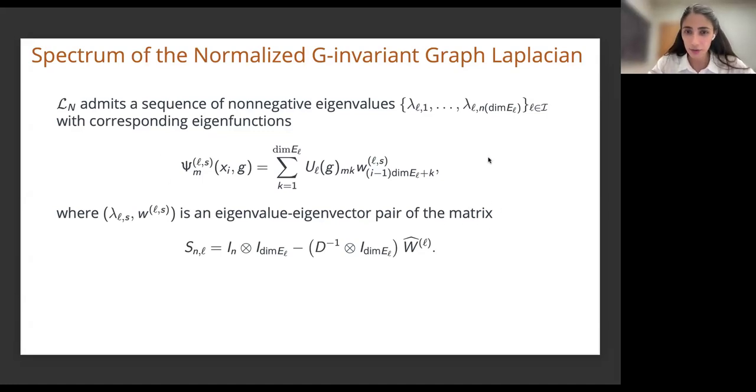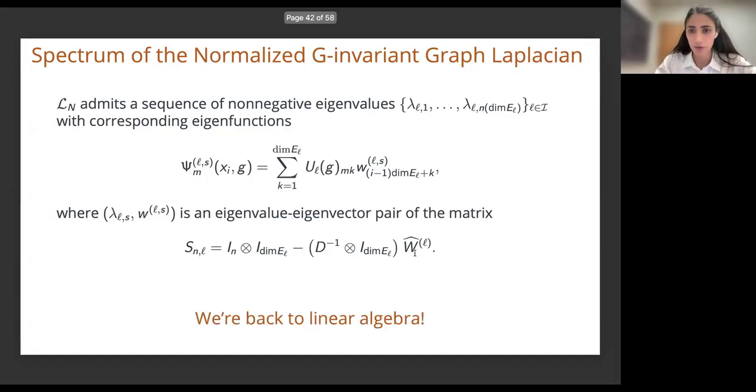Note that this formula is telling us that the eigenfunctions are the tensor product of the irreducible representation matrix with these eigenvectors of these matrices that we can construct from the Fourier transform of W. So we're back again to linear algebra, because if we have a fixed group G, the matrices UL are known.